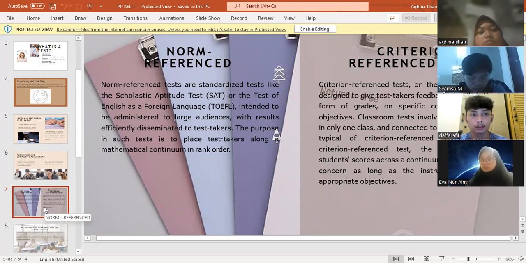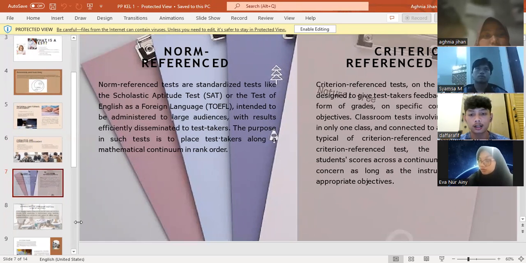So based on the explanation, in norm reference each test taker's score is interpreted in relation to a mean or average score, median, standard deviation, and percentile rank.